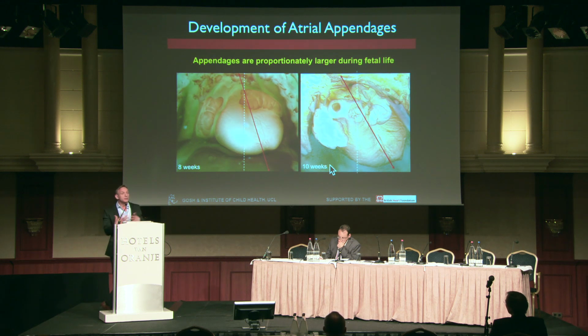So I think they probably act as a reservoir. They may also have a function in regulating blood volume early in fetal life. And of course, this then changes later in life.